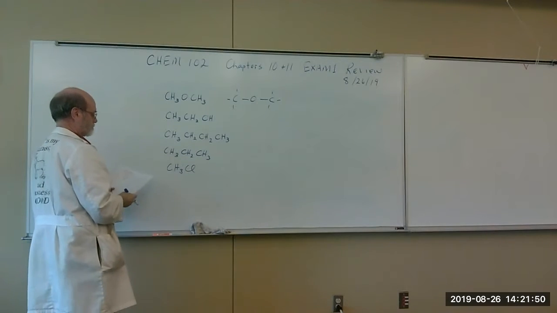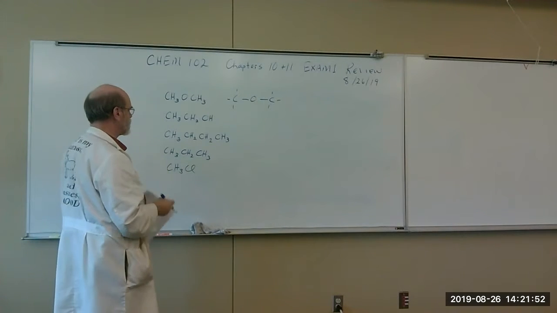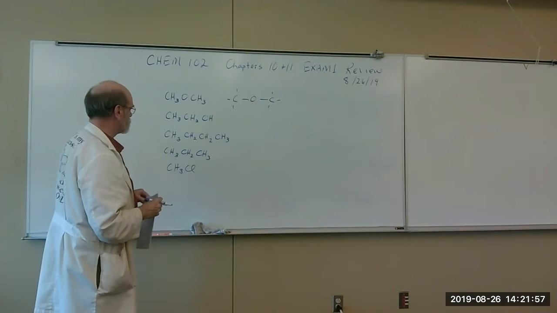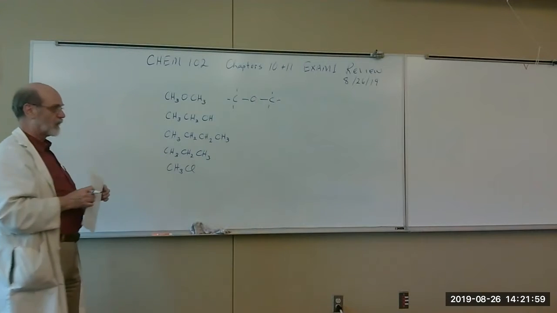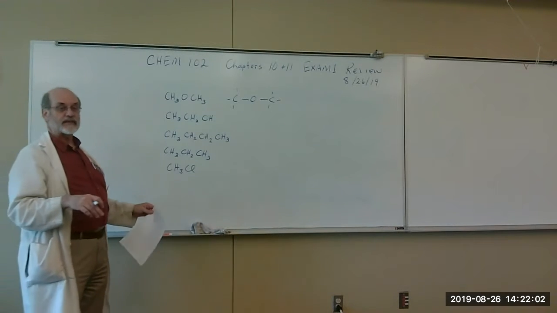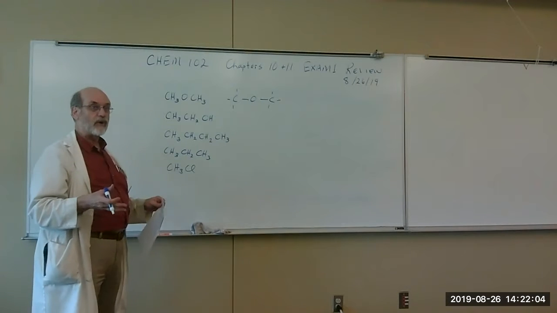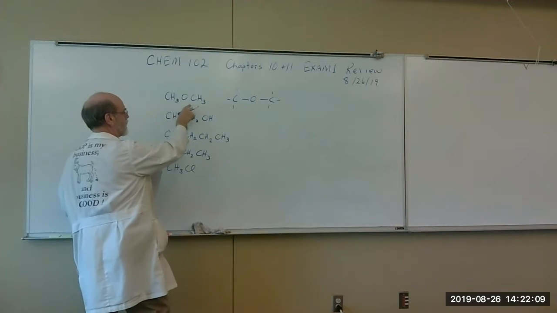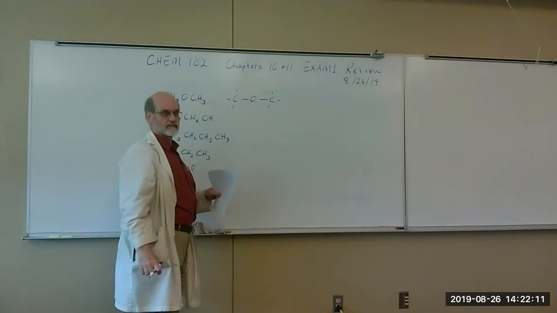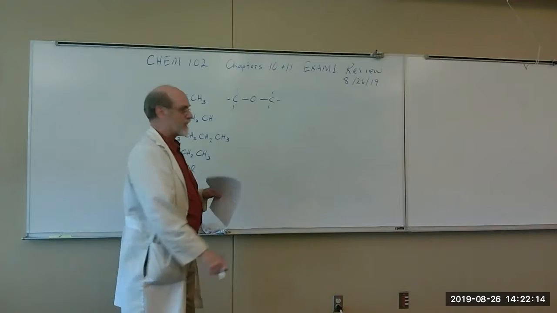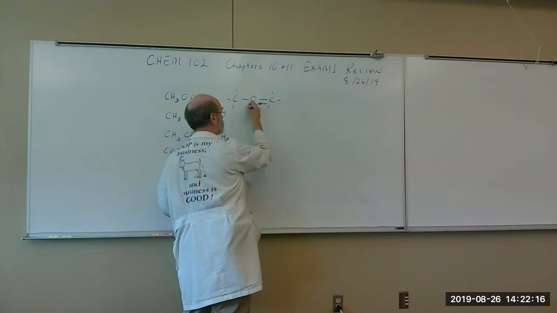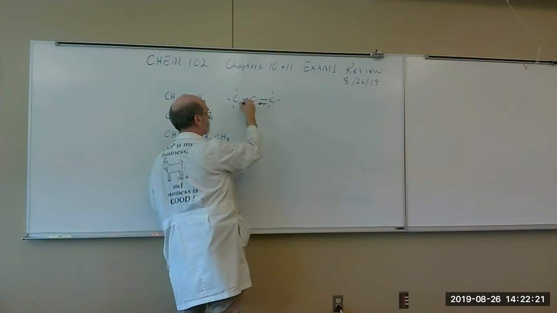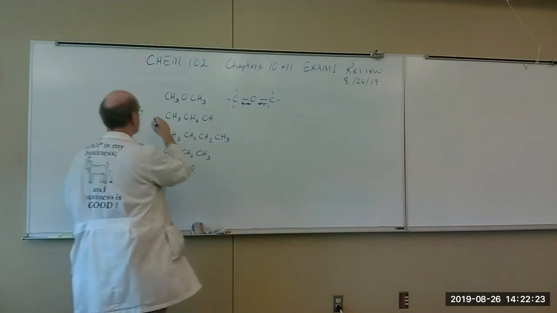So the question is, which one of these has the highest boiling point? Well, process of elimination. Let's get rid of the ones that are non-polar. How about this one? Is that polar or non-polar? Even though it's got an oxygen there, and it's going to be like this and like that, it's still non-polar because they cancel each other out.